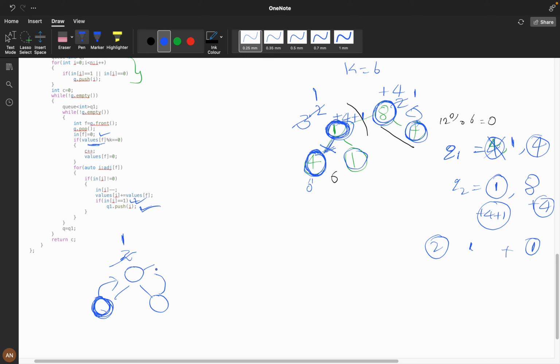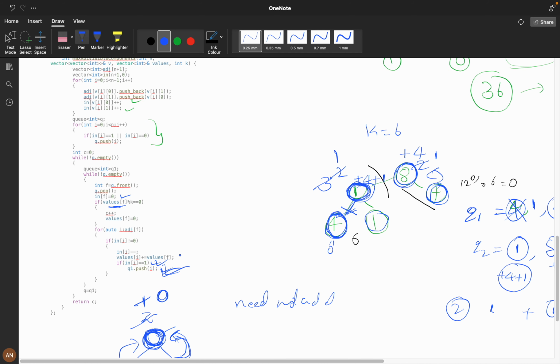Suppose it is also coming from this side. Now this in degree will be 0 because I want to add some value to this root node. This will be 0, but it is already in the queue, so I need not add. That's why when in degree is 1, I am adding. When in degree is 0, because it's already in the queue, I am not adding. So I think you have got this solution.